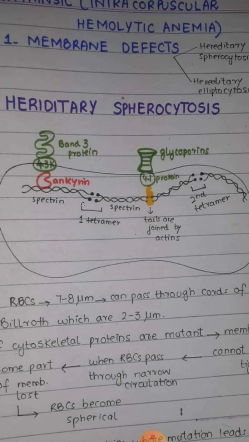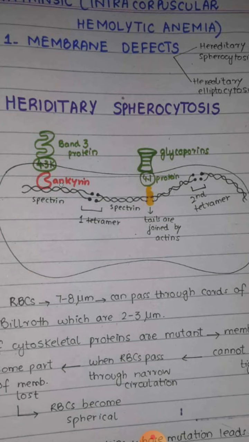So what is the horizontal protein? In the horizontal protein we have spectrin, which is present in the form of tetramers. Then the tails of spectrin proteins are held together with the help of a vertical protein, this yellow colored vertical protein called actin. And with actin we have 4.1 protein attached, and then we have glycophorins. So these are the vertical proteins.